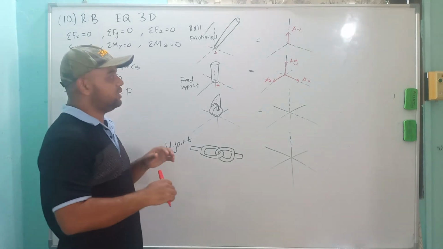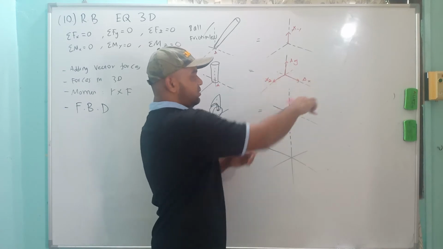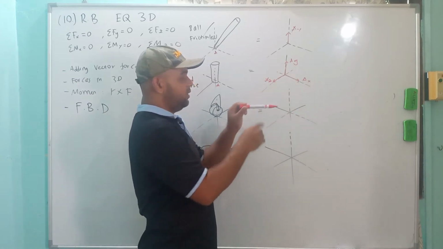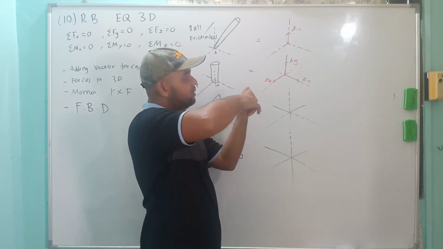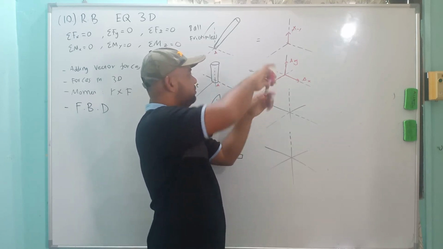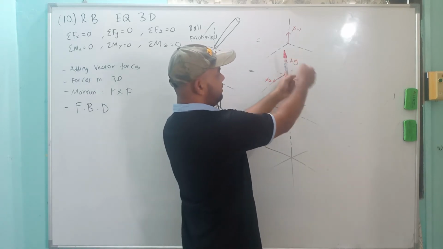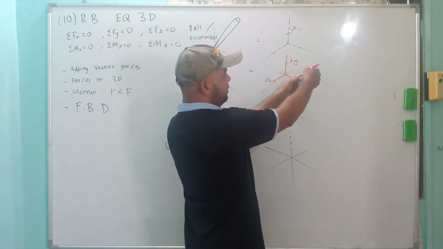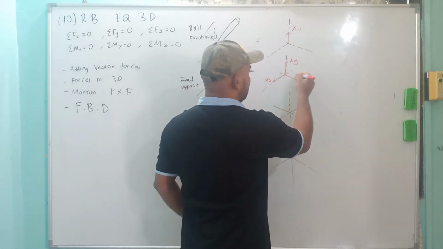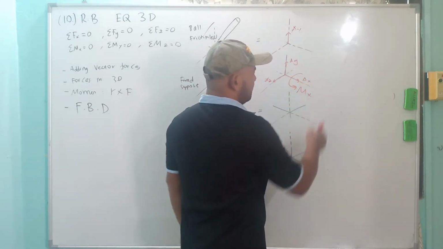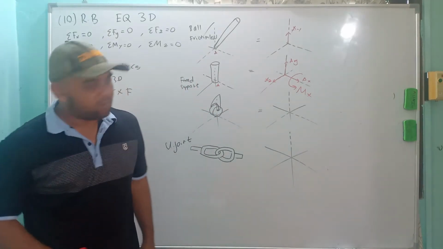Now it also cannot rotate, because let's say this is my Y, my X. If I'm pushing this component in this direction, it wants to rotate along the X direction, but it is held, so there must be a moment in the X direction.